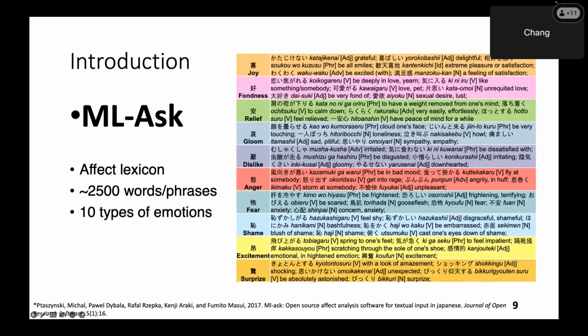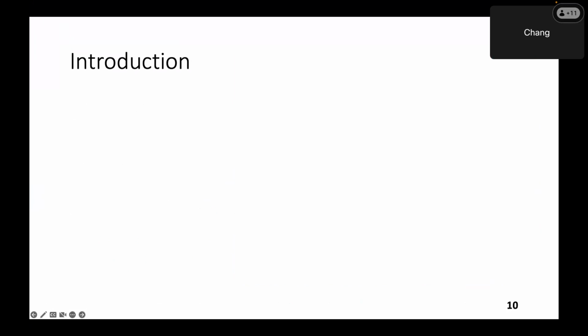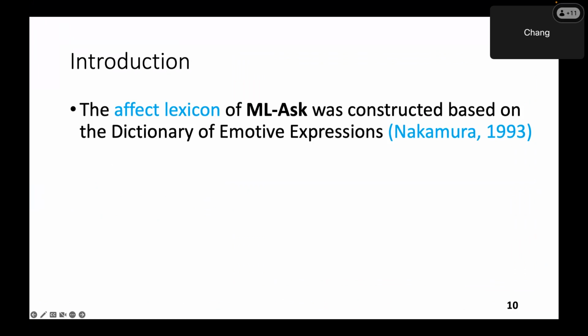So MLASK uses the affect lexicon, which contains about 2,500 words and phrases under 10 types of emotions. And here is a simple list that shows the 10 different types of emotions and some following words. However, the affect lexicon of MLASK was constructed based on the Dictionary of Emotive Expressions, which was created in the 1990s.